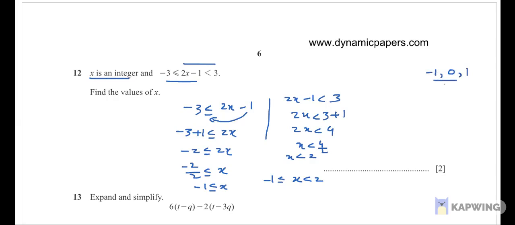That is why we will not take it. As we have to write the integers between -1 and 2, but 2 is not included, these three values will be the possible values of the integers. So the answer will be -1, 0, 1.